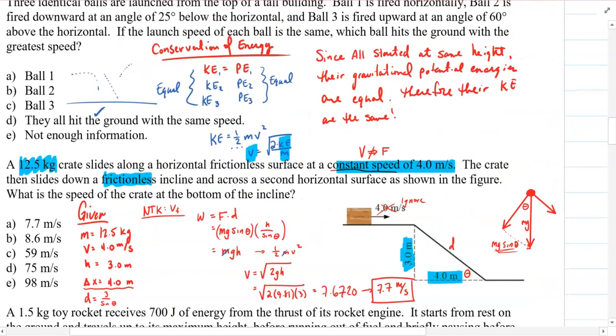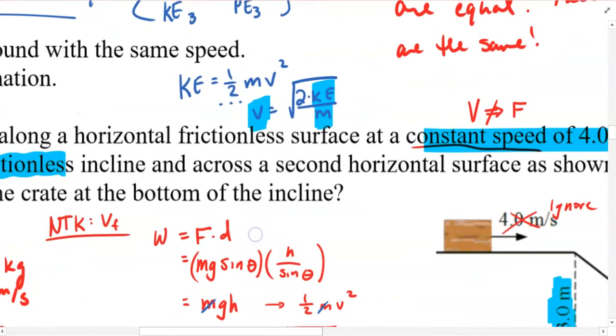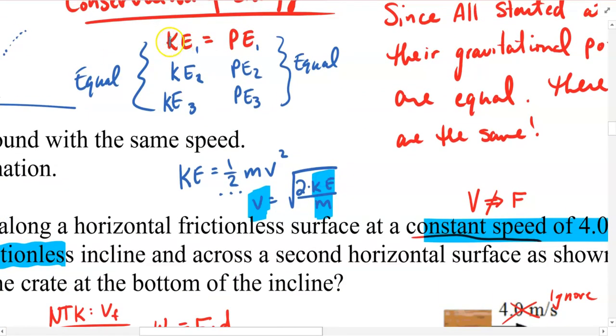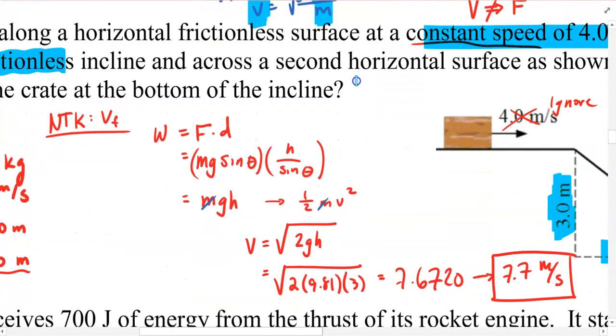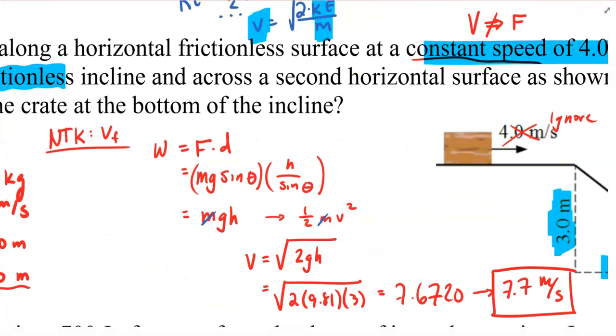Well, what I've shown here is kind of the long way to show how to compute this, but essentially what we should recognize here again is that the kinetic energy of this system is equal to its potential energy, because the work being done here is done by gravity, which is a non-conservative force.